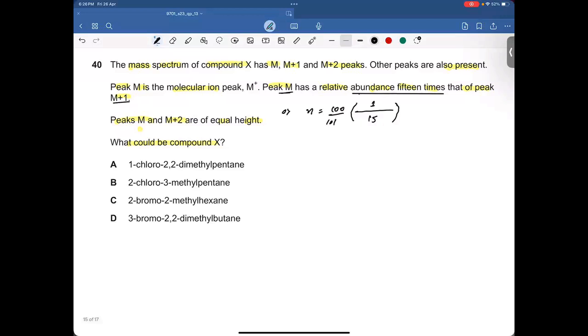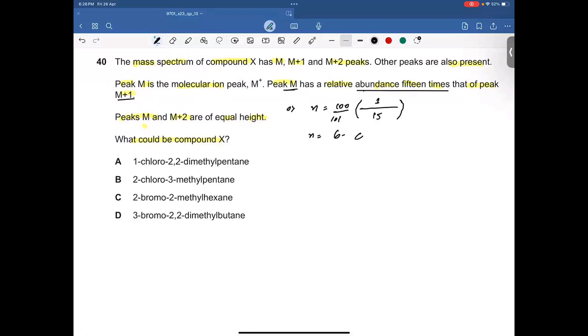All right. So number of carbon atoms is going to be 6. So we have 6 carbon atoms in this compound.